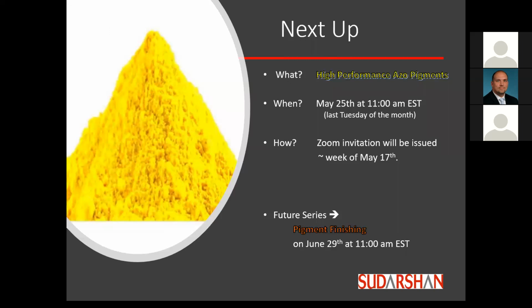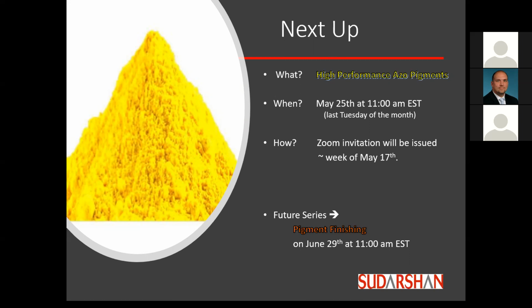Our next series will shift back into azos, where we're going to take a look at our high performance azo pigments. That will be in May on the 25th. So look for that invitation the week of May 17th.